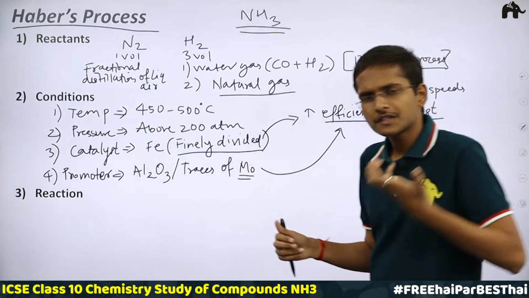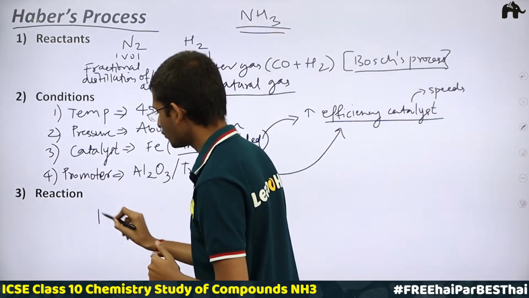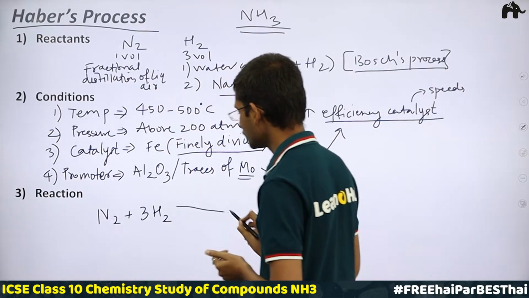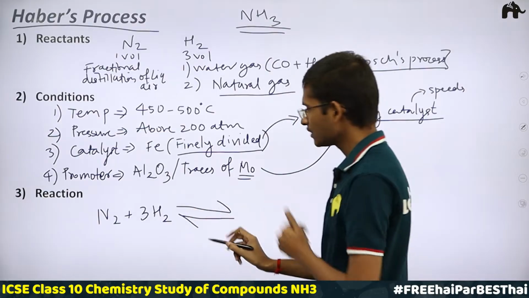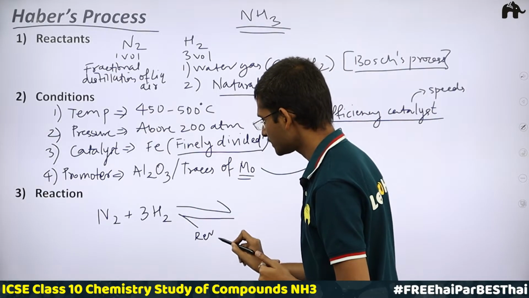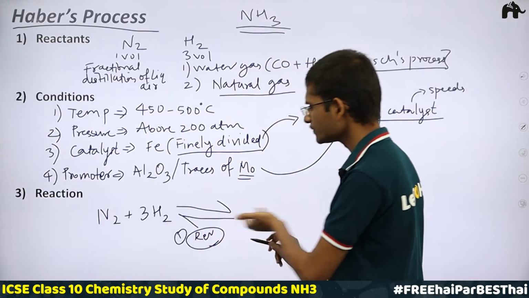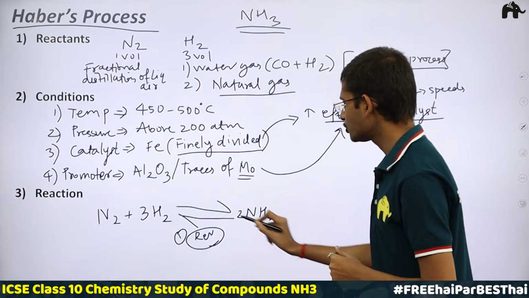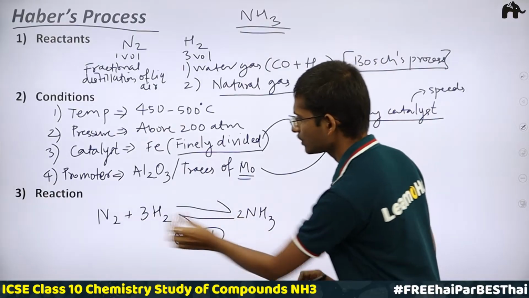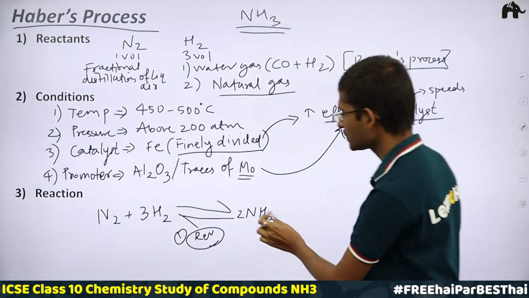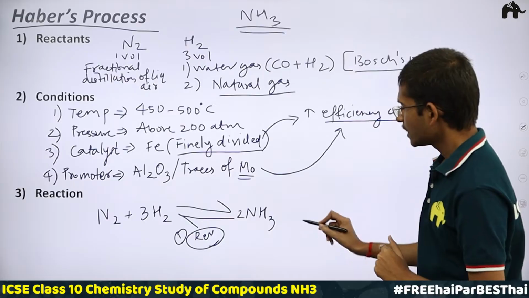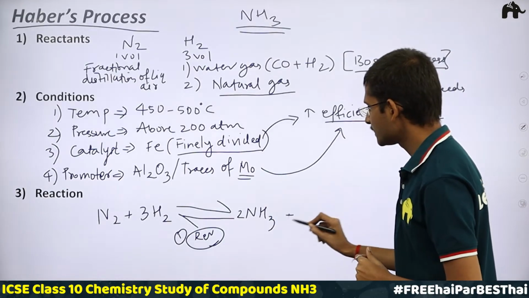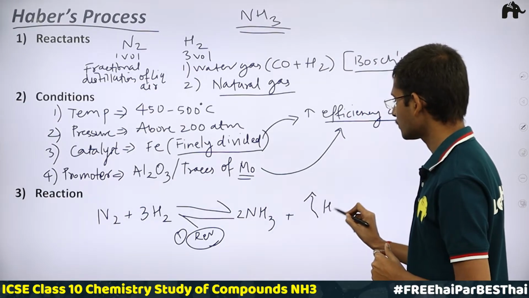So for that, first understand the reaction. We are taking 1 volume of N2 and 3 volumes of H2, so N2 plus 3H2. Now this is a reversible reaction, mind it. This is a reversible reaction first of all. Now secondly, it is giving us 2 volumes of ammonia, 2 NH3. Along with the ammonia formation, it is giving us heat.